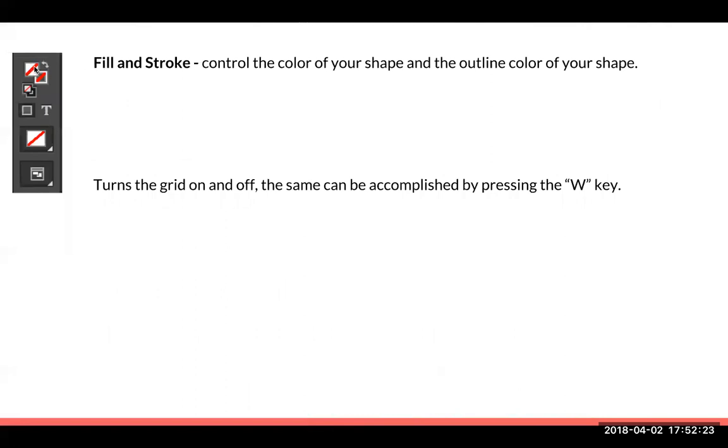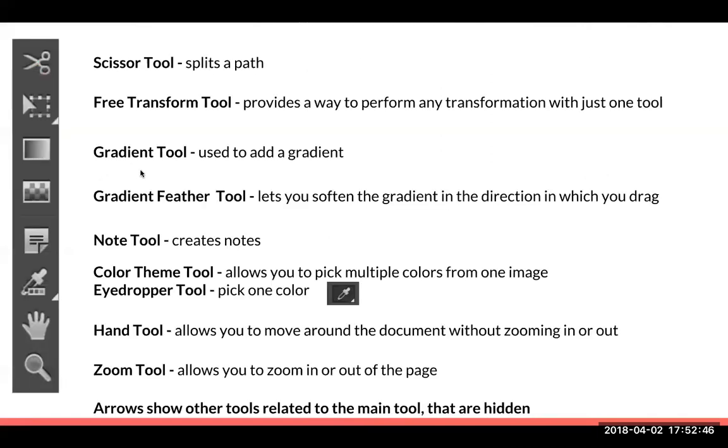The first box with the big white background and the big red line going through it is your fill color. Then this one, which shows a border with nothing inside, is your outline. And you'll notice down here that there's a default to nothing inside and a black border.